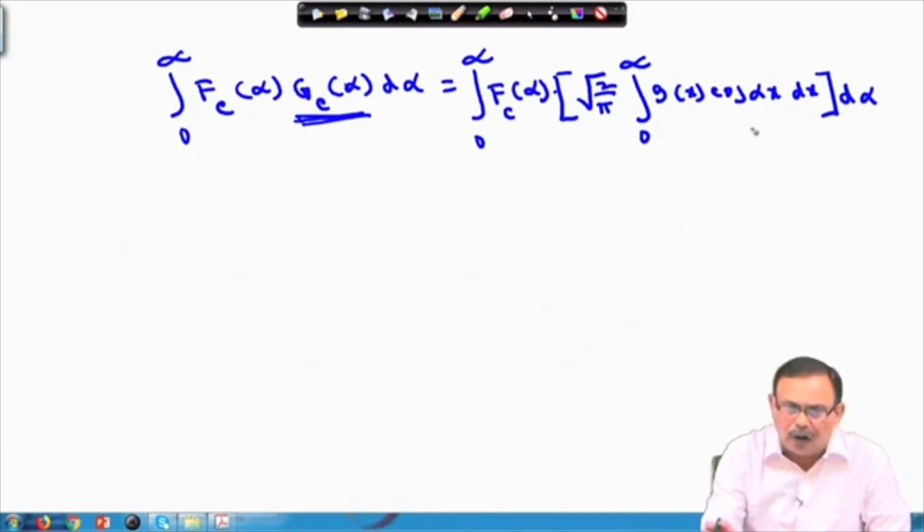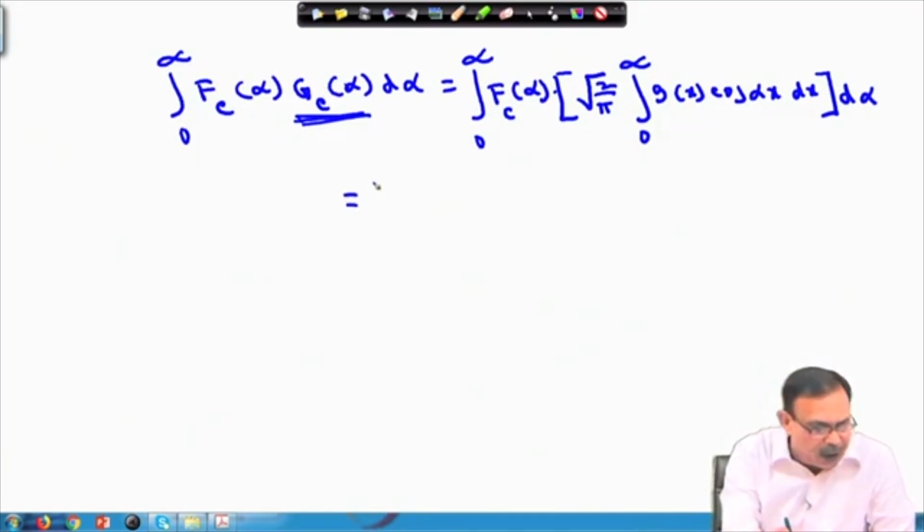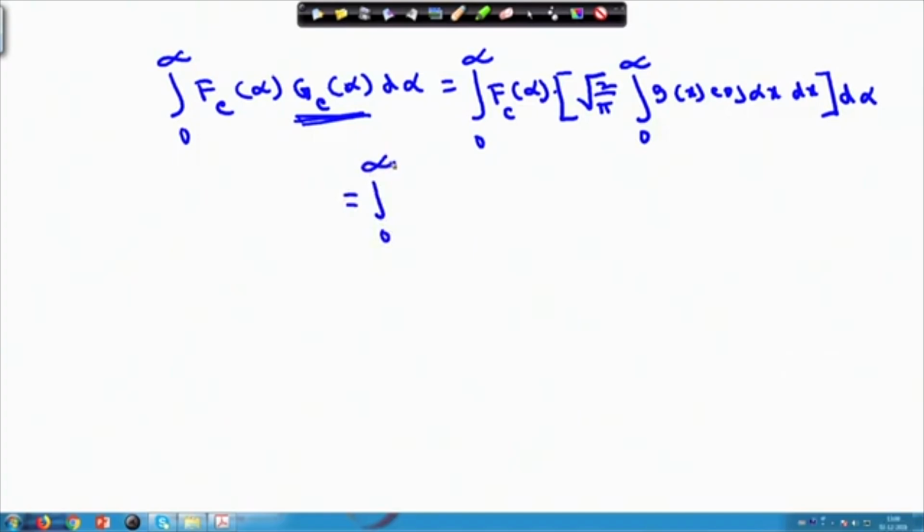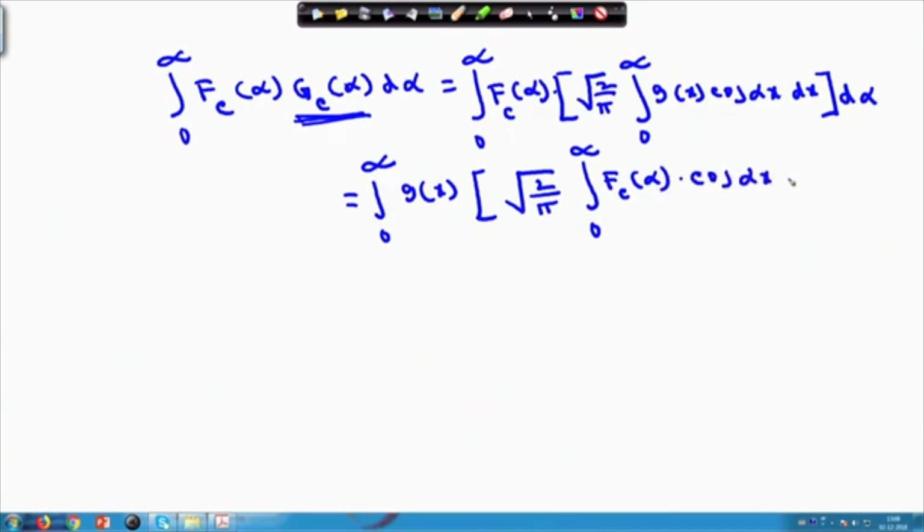So, if I change the order, this equals 0 to infinity g(x), then I can bring outside root over 2 by pi, 0 to infinity F_c of alpha into cos of alpha x d alpha into dx. Fine. Simply by changing the order of the integration, I can write this.